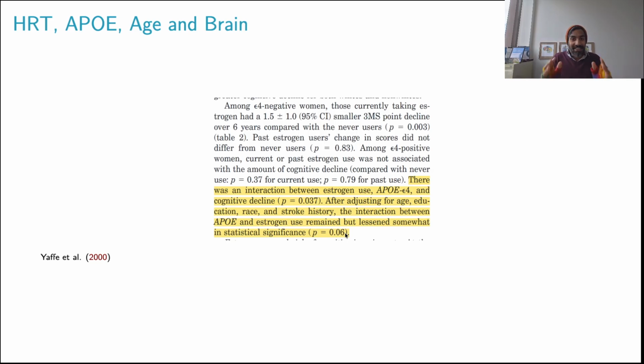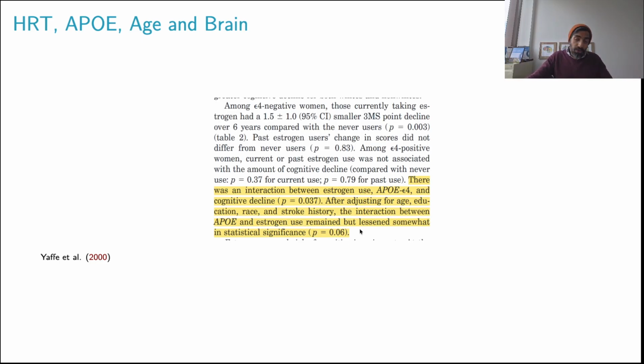Now, as I just said before, p-value is a binary threshold, 0.05. So it doesn't make sense to say it lessened in statistical significance. It either is or is not statistically significant. So what happened here is the authors adjusted, or controlled, for the effects of age and education, which, by the way, are the usual suspects to control for when you're looking at brain health measures, because we know they are related to age, education and cardiovascular history.